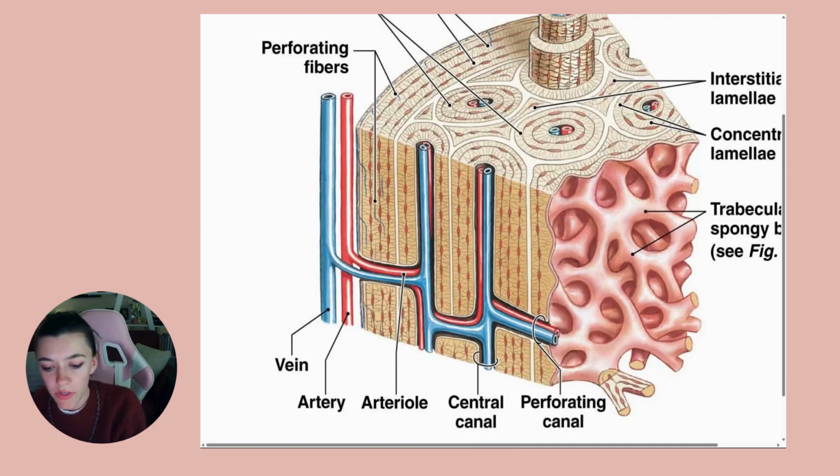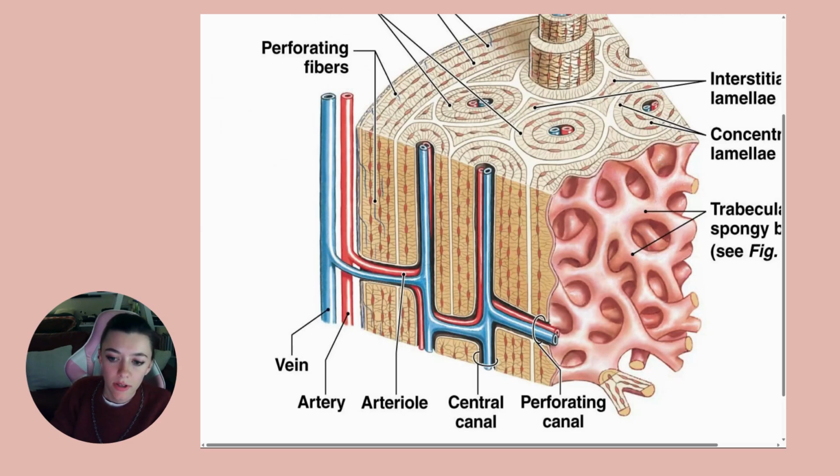While we're looking at this, another good thing to remember is that your central canal runs vertically, parallel to your osteons, and then your perforating canals are the canals that are horizontal, running perpendicular to your osteons. So central canals versus perforating canals.